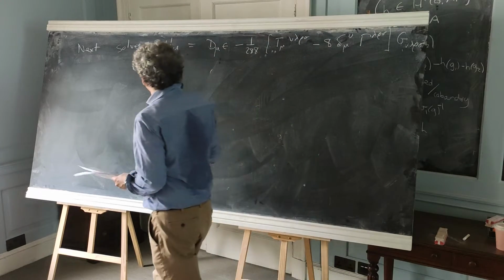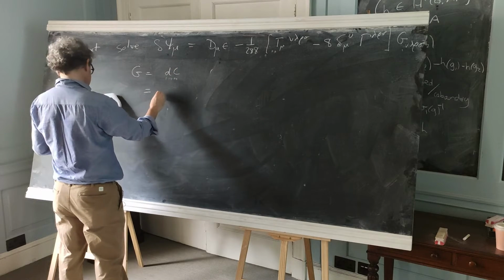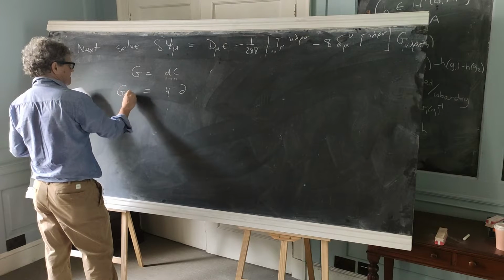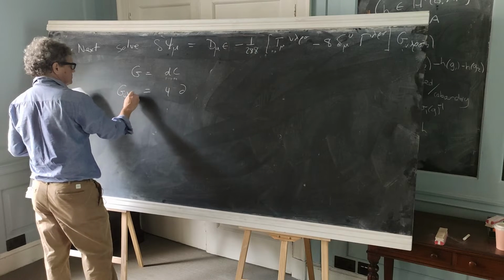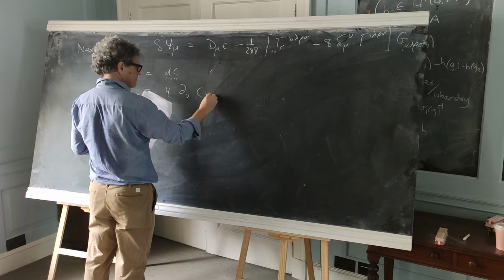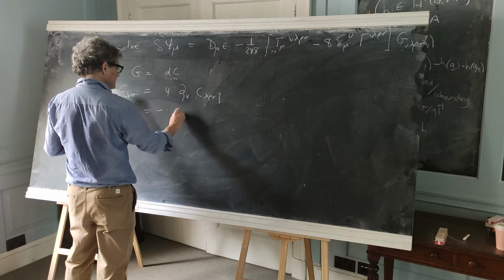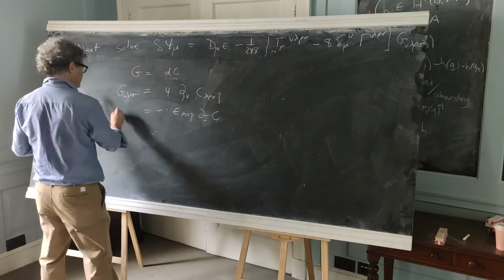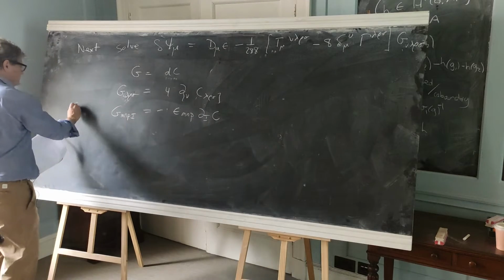And C here, G is what's known as dC, and formally it's 4 times the derivative antisymmetrized. But for us, this just turns out to be minus epsilon_{MNP} D_i C. So that's the only non-zero component for us.